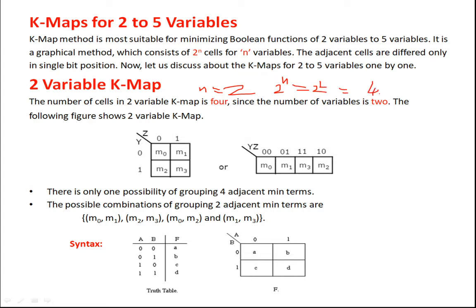So totally there will be 4 cells as we have two variables. The following figure shows the two variable K-map.